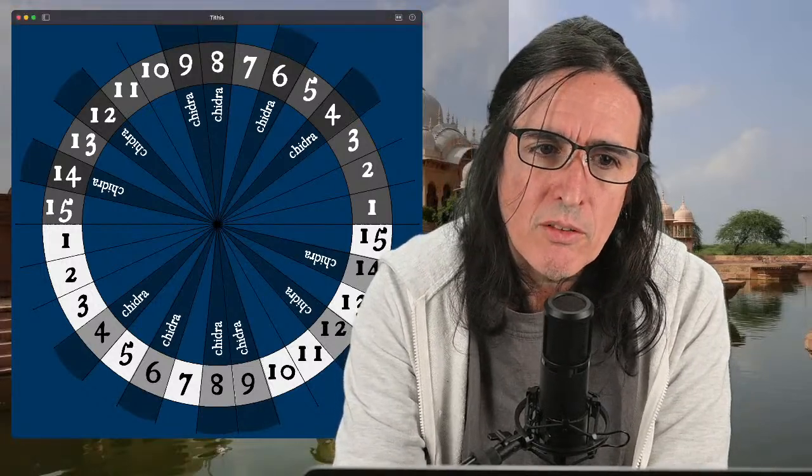Let's go ahead and now look at Karna. So now, what's a Karna? These are the Karnas. Can you see the small lines in between the other ones? Every 6 degrees is a Karna.